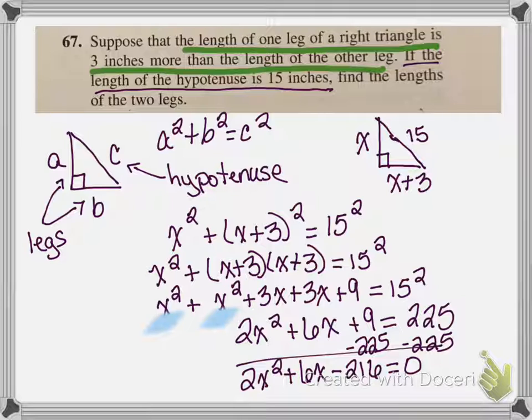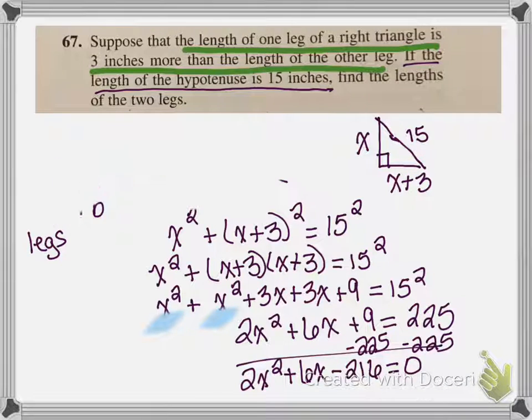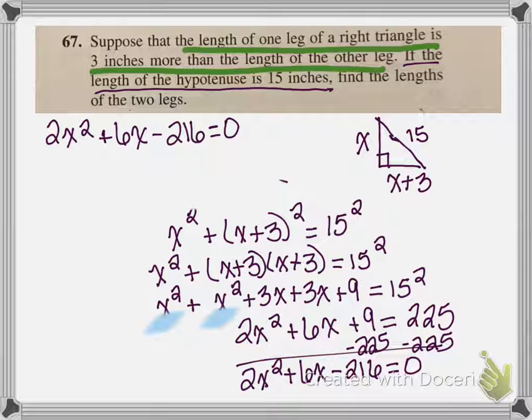Okay? Now I'm going to rewrite this at the top and then erase. So I have 2x squared plus 6x minus 216 equals 0.